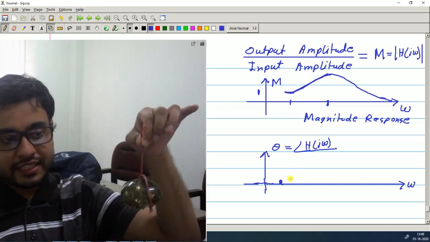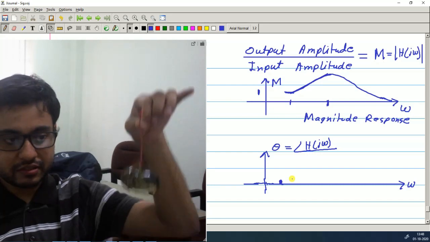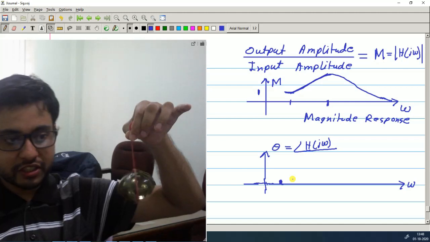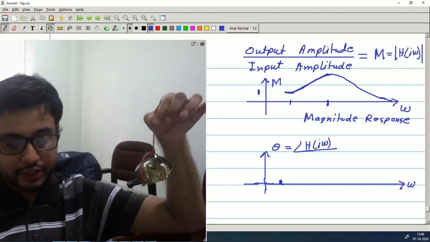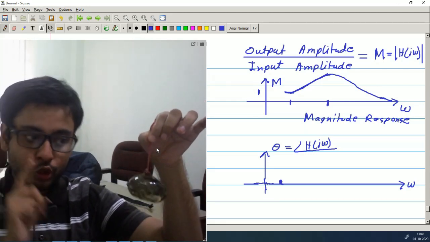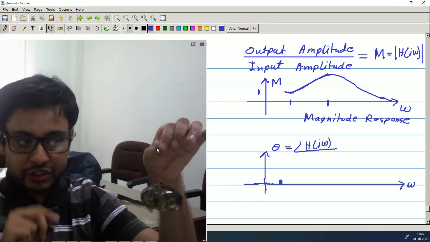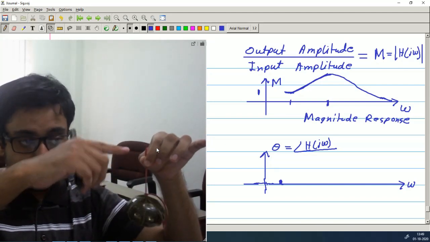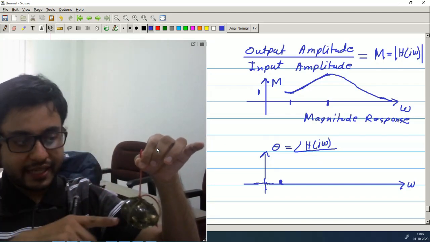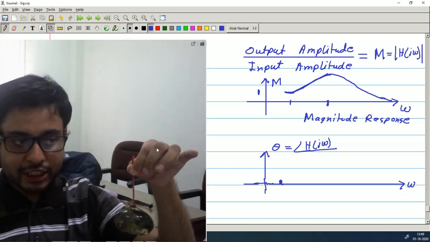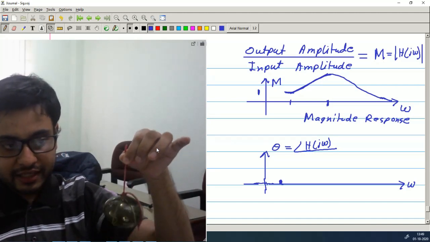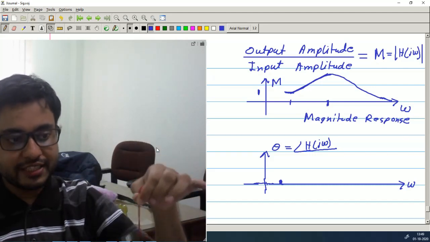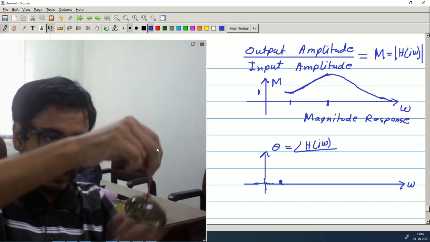Then let's see what happens at a larger frequency. You possibly cannot see this, realize this in the video, but when you do this experiment yourself, you will realize that there is a gap, phase gap between my hand movement and the weight movement. You will realize when you do this yourself that actually when I am moving it up, it is going down, and when I am moving it down, it is going up at a particular frequency.